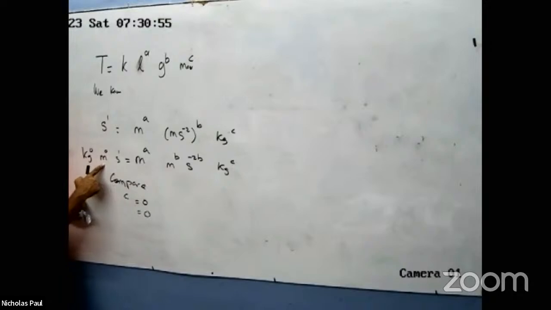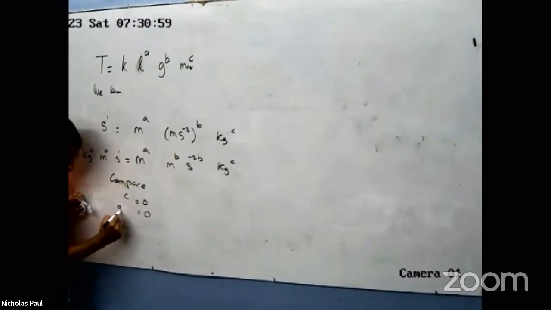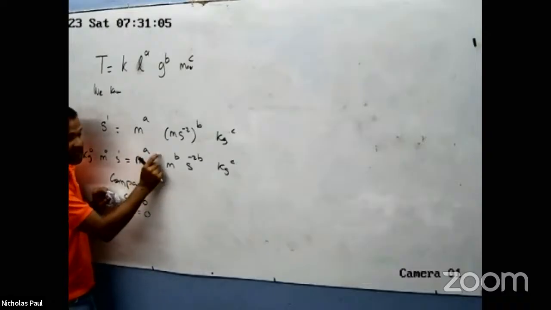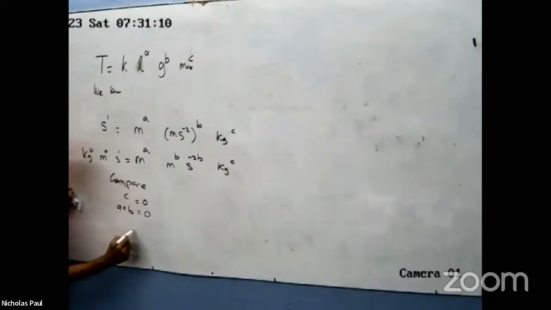Power of m here is 0. What's the power of m on this side? A plus B, very good, because same base means we compare the powers. And then last thing is s: s is 1 here and minus 2b here.